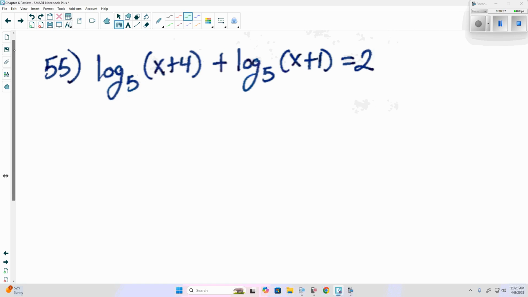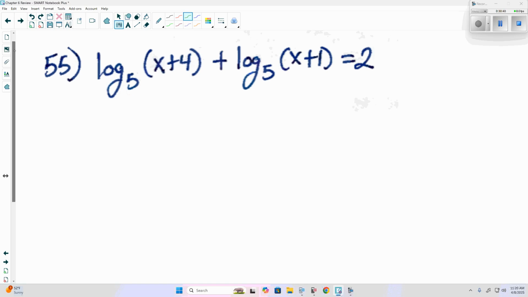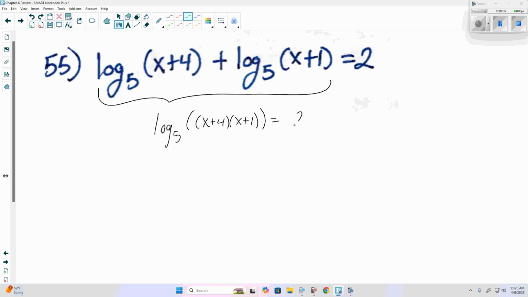55. We have 2 logs on the same side, yes? If we have 2 logs being added, we can rewrite this as a single log with what's inside being multiplied.